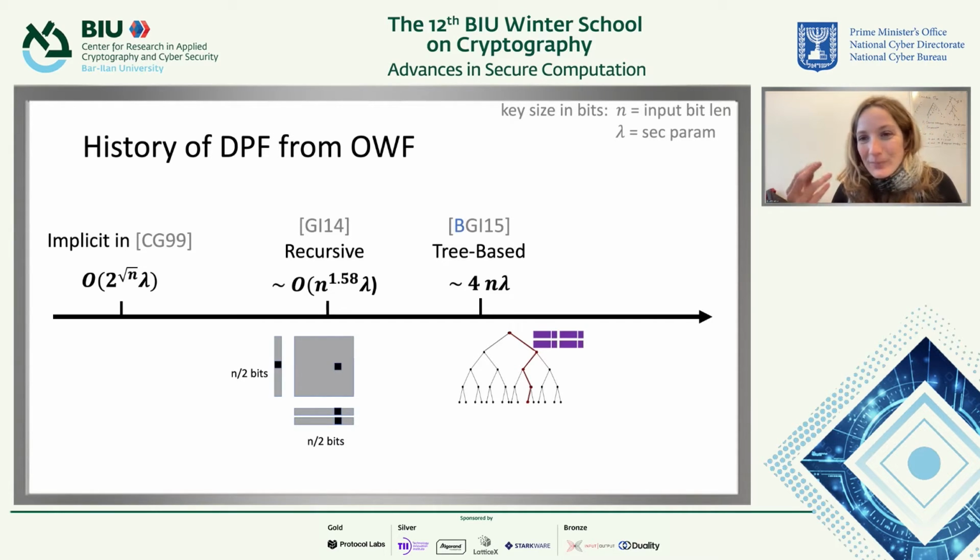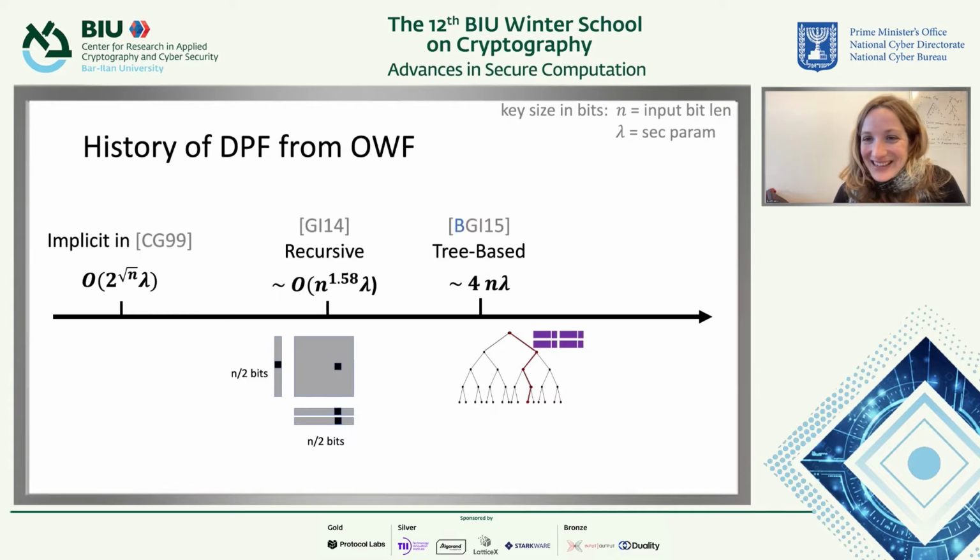And in fact, dropping the asymptotics, it really is something like 4 times n times lambda. And roughly what that comes from is that in each level of the tree, so depth n, there were 4 lambda-sized strings plus a little bit of extra that you needed to give as part of the function key.